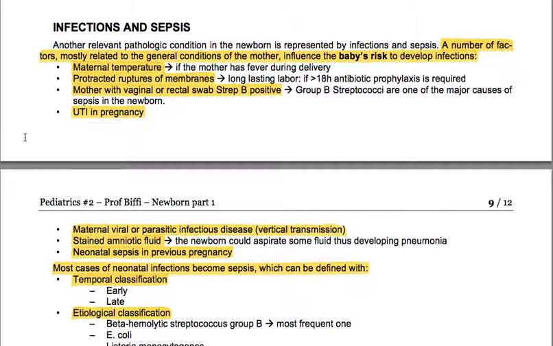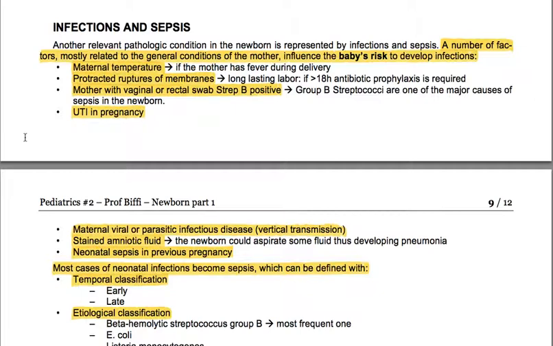Mothers with a vaginal or rectal swab positive for Strep B: group B streptococci are one of the major causes of sepsis in the newborn. Other factors are UTI in pregnancy, maternal viral or parasitic infectious disease, so vertical transmission, and stained amniotic fluid, as the newborn could aspirate some fluid, thus developing pneumonia, and neonatal sepsis in previous pregnancies.